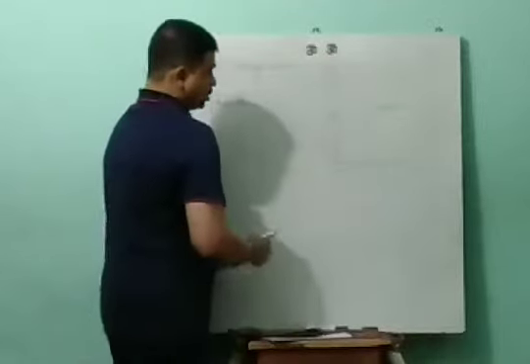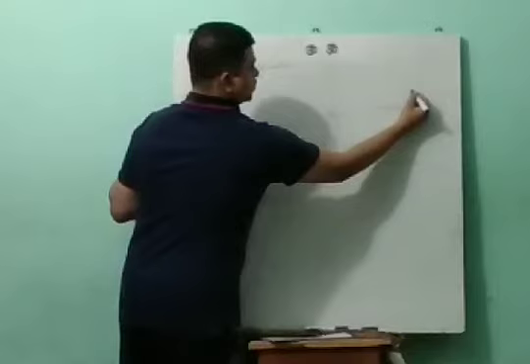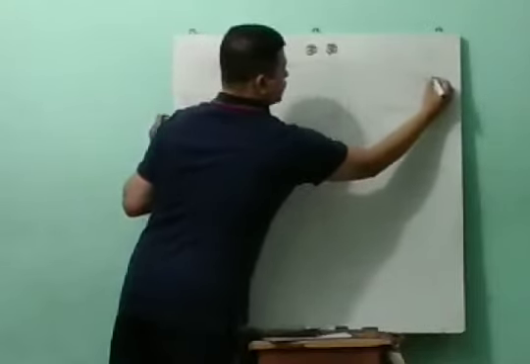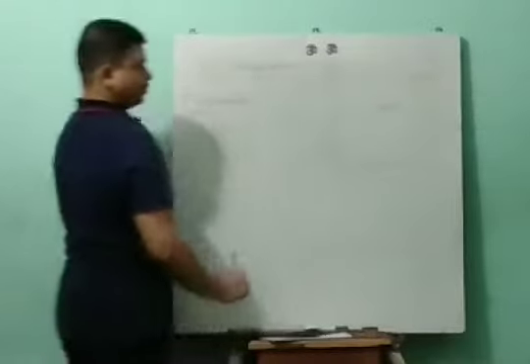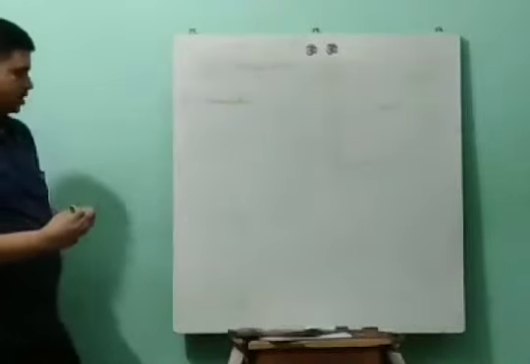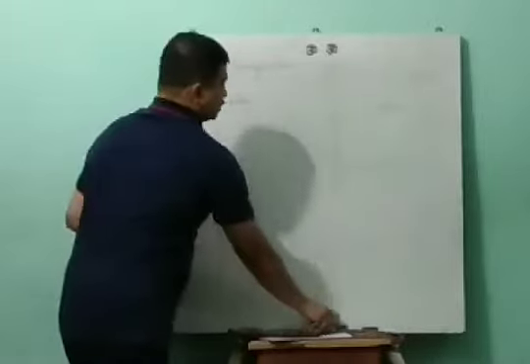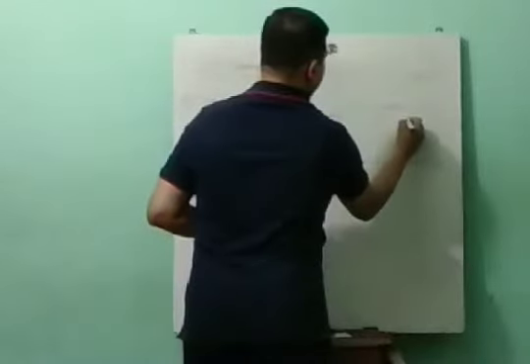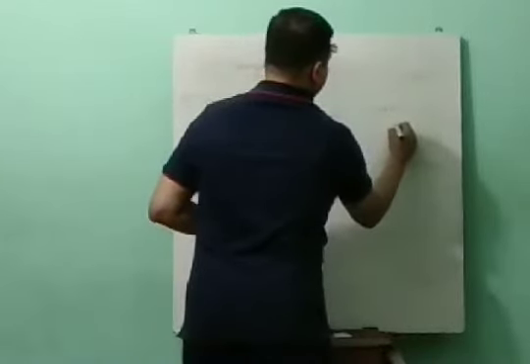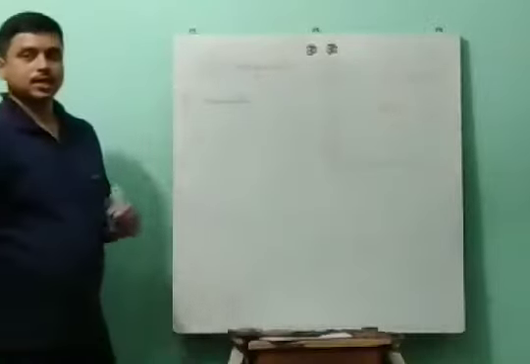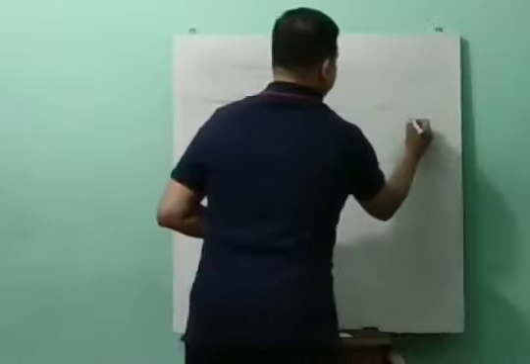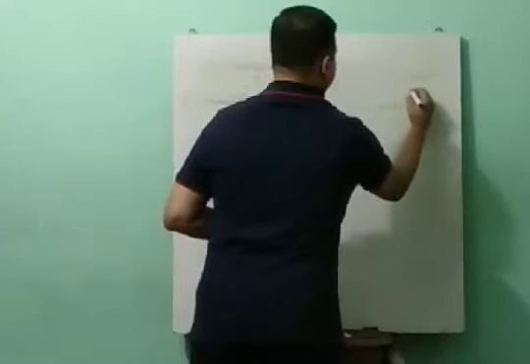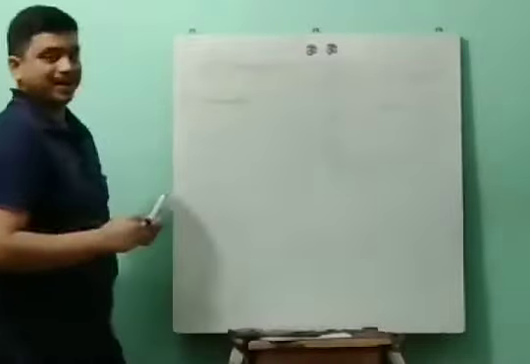When this point changes to P dash, having the final coordinates x dash and y dash, to do this translation, that is change of position, we need to change the point P location, that is, let us consider Tx in x direction, then Ty in y direction to reach the point P dash.